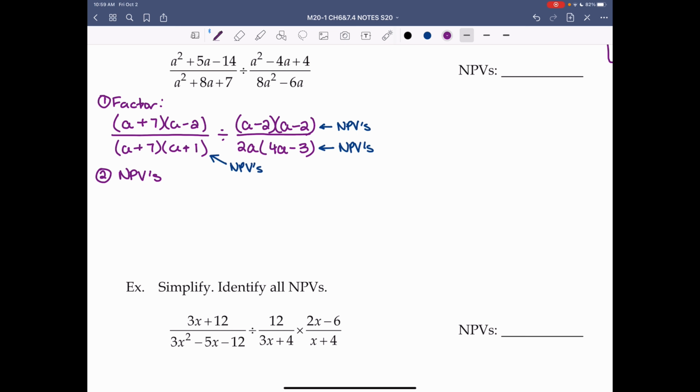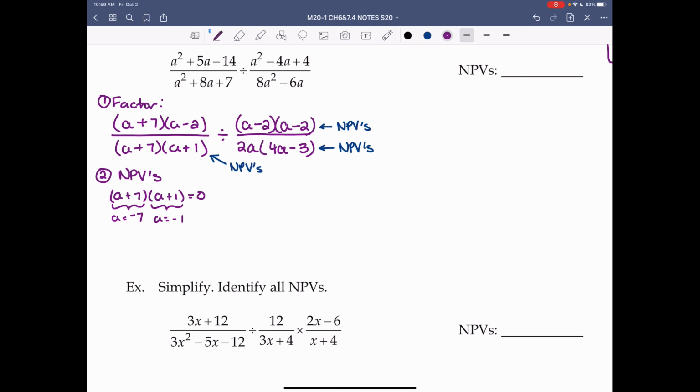Looking at the first denominator, we have a plus 7 times a plus 1. We want to know, when is that equal to 0? This is equal to 0 when a is negative 7, and this is equal to 0 when a is negative 1.